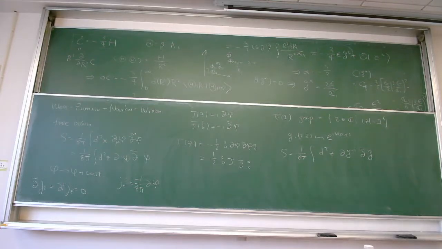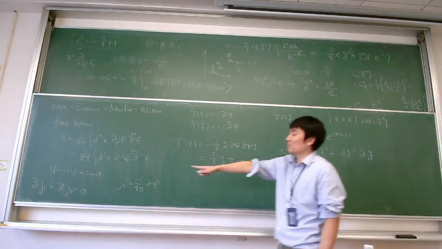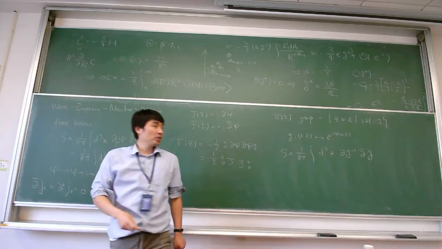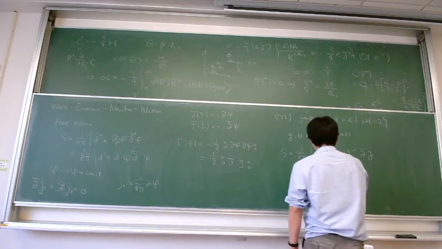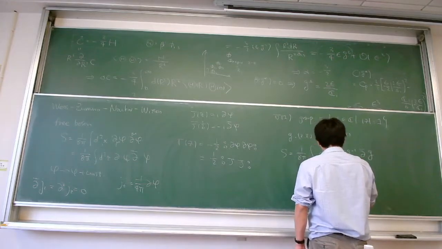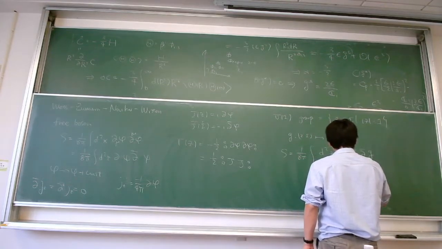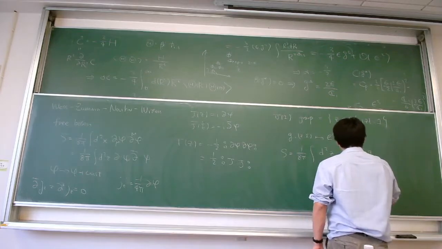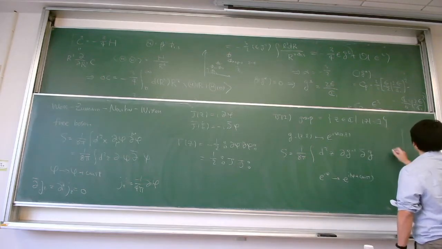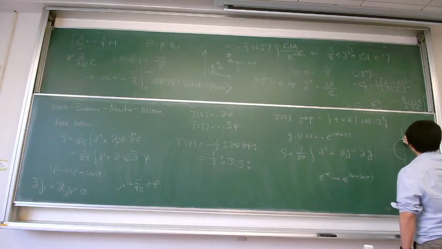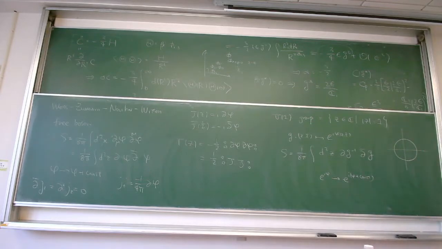So U(1) rotation, and this symmetry is just e to the i phi goes to e to the i phi plus a constant. U(1) is, as I mentioned, just a circle, and g is a map from C to this circle.